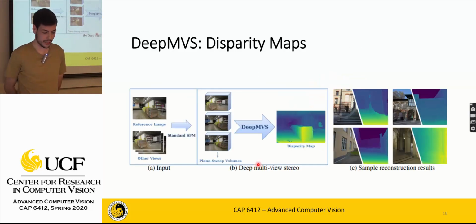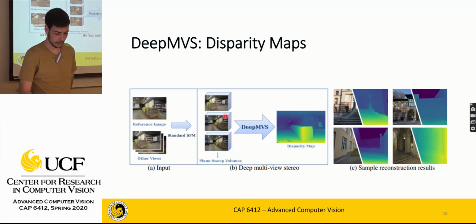So a little example of the disparity map. Given this input, we then calculate the pose using a standard structure from motion algorithm. These plane sweep volumes are then inserted into the DeepMVS, and you're outputted a disparity map like this, where the darker colors represent farther depths or closer disparities, and the closer objects represent a smaller disparity, or larger disparity, sorry.